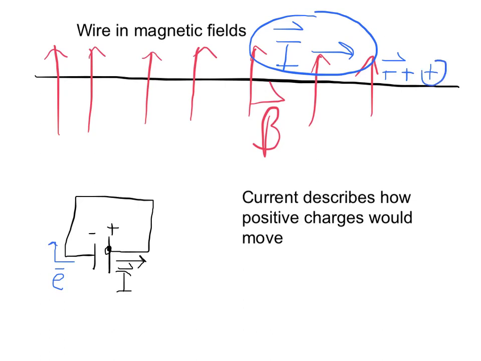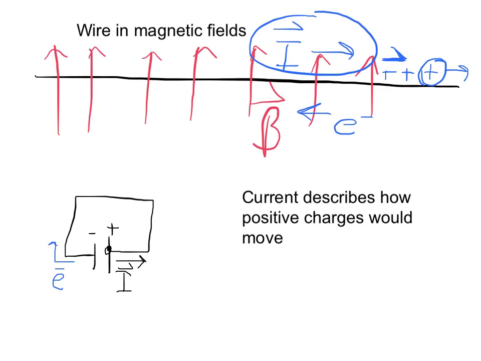The positives are not the things moving, it's the electrons moving through the wire. But the physics works the same. We can pretend that since electrons would be moving the opposite way, remember you just flip the right-hand rule when you're dealing with electrons, it's okay to pretend, for the purposes of the right-hand rule, that the positive charges are moving that way. And so your current gives you the direction of your velocity.